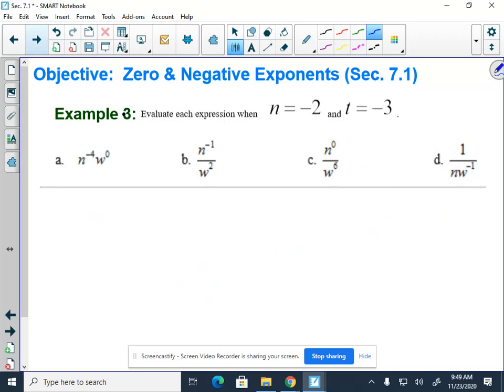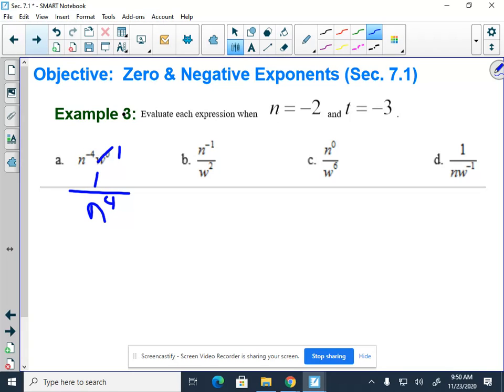All right, this one says evaluate when n is negative 2 and t is negative 3. So the first thing I'm going to do is shift this around. W to the 0 would become 1. Anything to the 0 is 1. The n has to move to the bottom and it becomes n to the 4. Now that'd be the first step, but this one has a separate thing on it. It says evaluate.